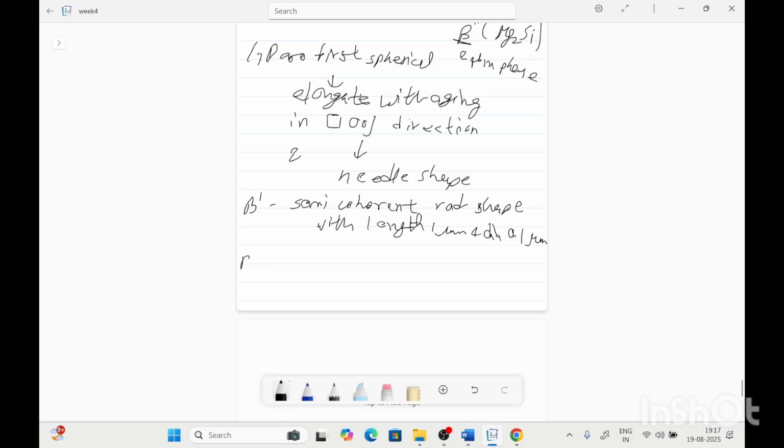Then the beta precipitate is the equilibrium phase Mg2Si, and it has an FCC lattice with a lattice parameter of 0.639 nanometer, and these are plate shaped.